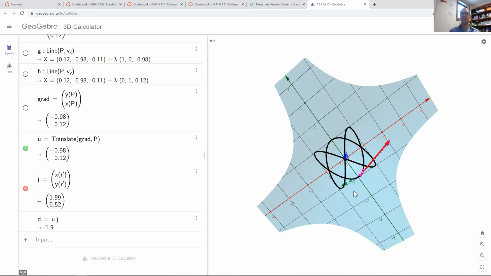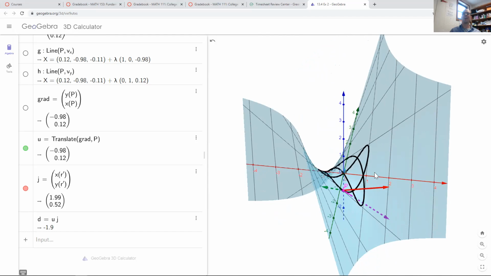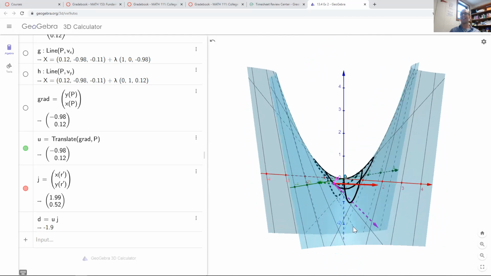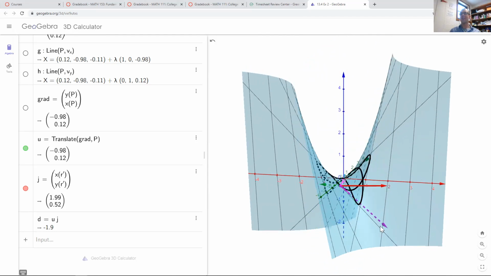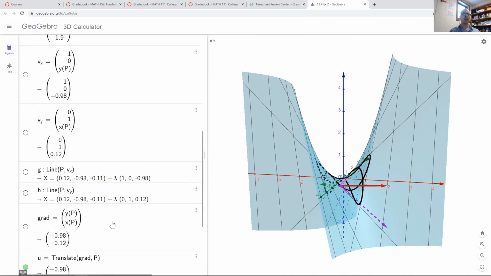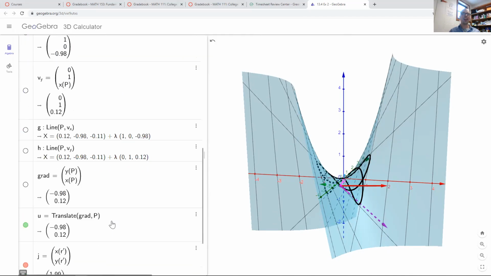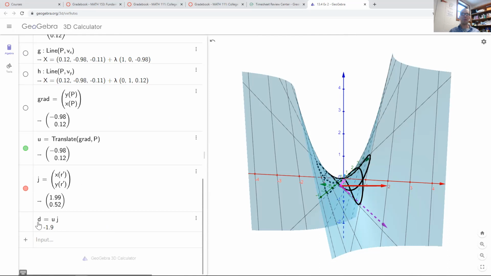They're almost completely polar opposites. So a negative dot product makes sense. That means that we're going down in the z direction, and our three-dimensional tangent vector relates to that perfectly, because remember, the dot product down here is negative 1.9.